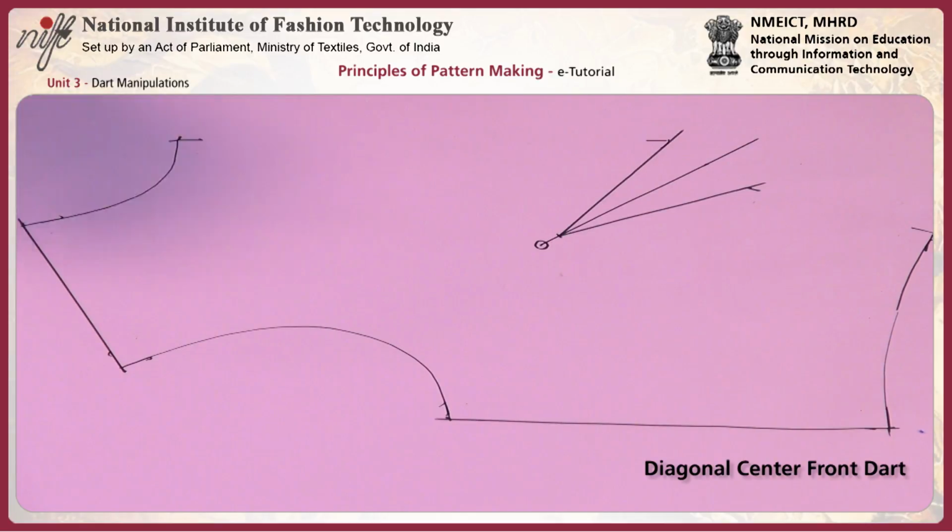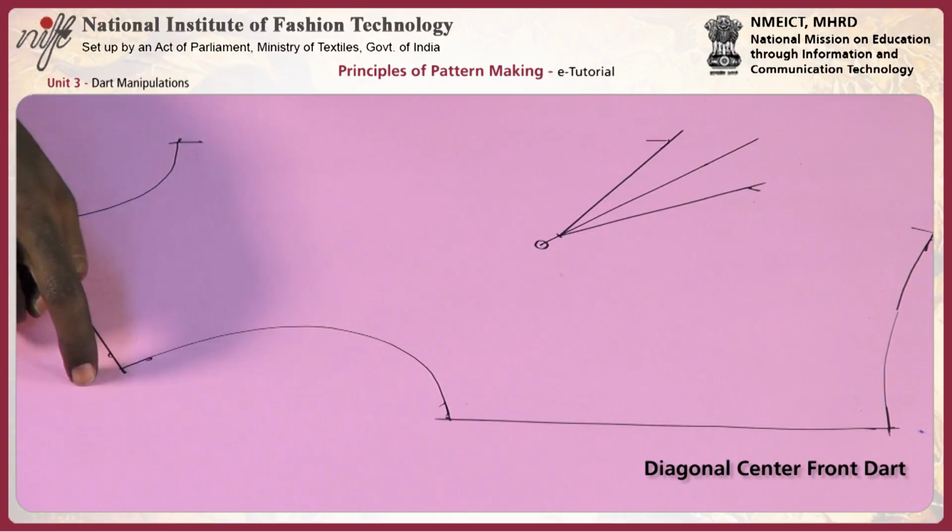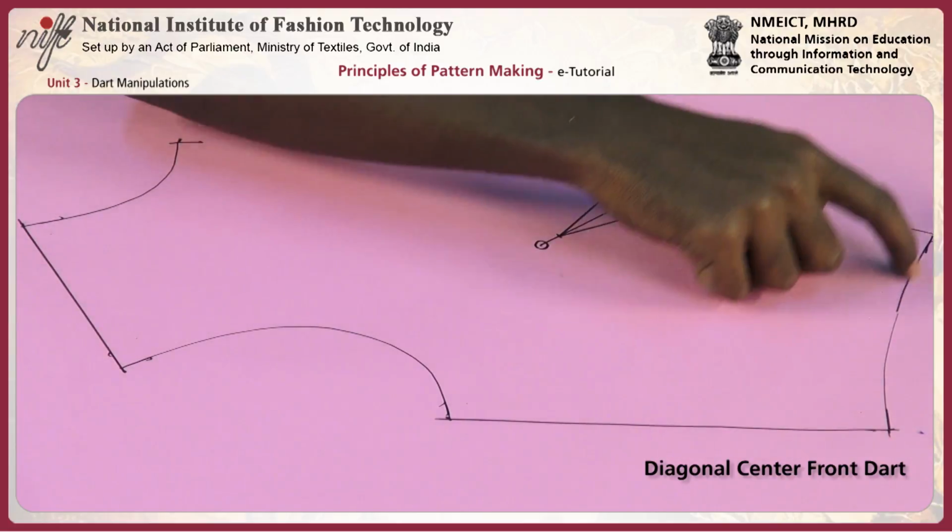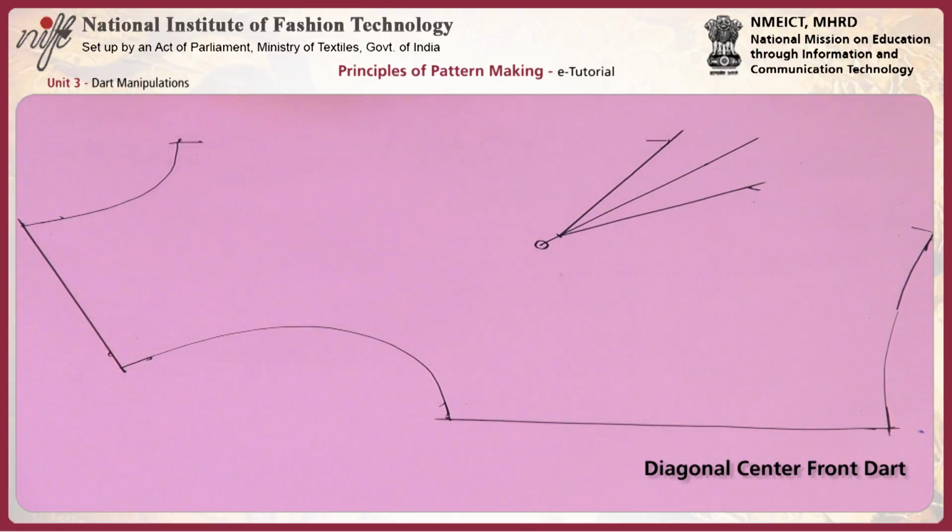Now we can cut the pattern. Cut neckline, shoulder, armhole, side seam and waistline except center front line.